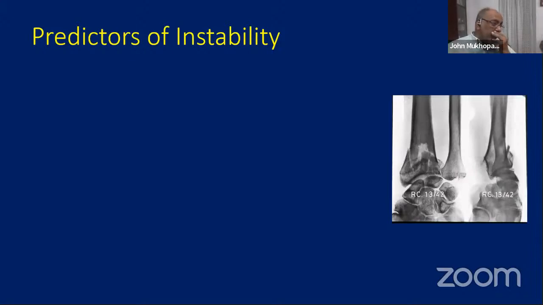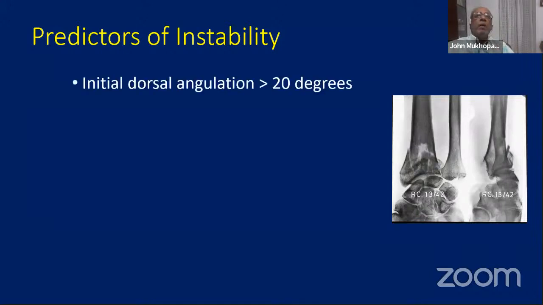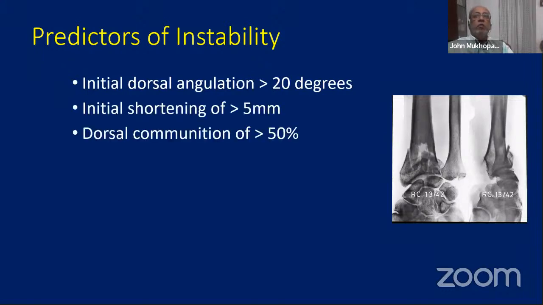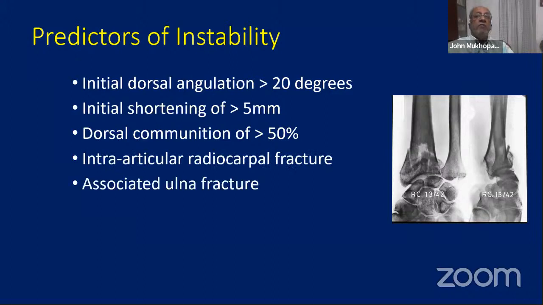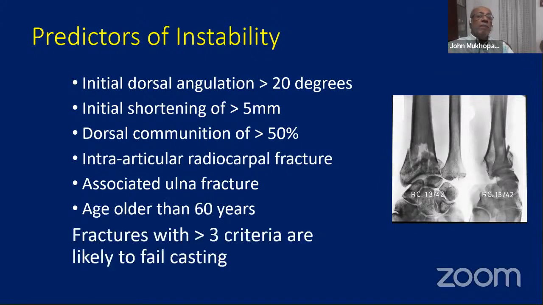Now, Lafontaine came out with some criteria for judging instability. So they looked at a large number of patients and felt that if there was an initial dorsal angulation of more than 20 degrees, a shortening of more than 5 millimeters, if there was significant dorsal comminution of 50%, if there was an intra-articular radiocarpal fracture, if there's an associated ulnar fracture, or patients who were 60 years or older, these were all the factors which they looked at.